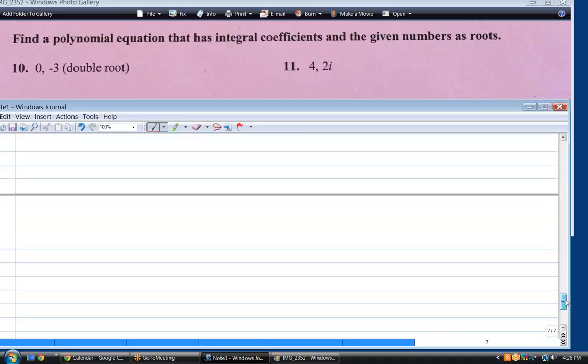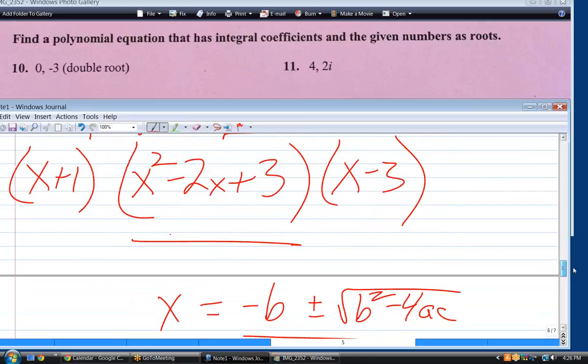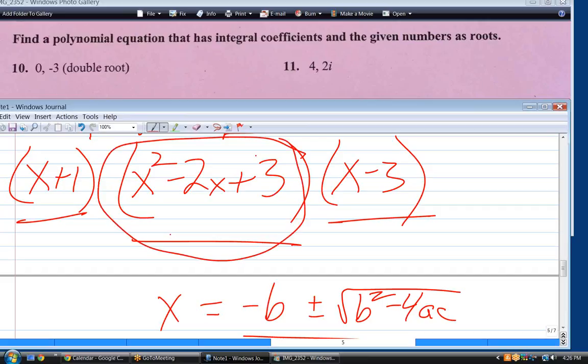It's like on the last problem, we came down to this. This was one linear factor, that was another linear factor, and we had an irreducible quadratic also. In other words, they gave us -1 and 3. So now they're giving us 0 and -3. How does that convert to linear factors?